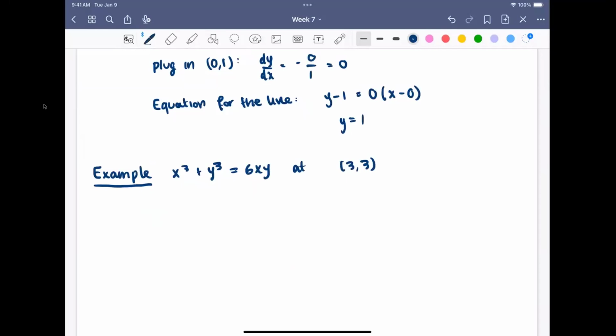As a sanity check, we can confirm that this is a point on the curve. Here we get 27 plus 27, so 2 times 27. And here we get 6 times 9, which is also 2 times 27. So this point is on the curve.